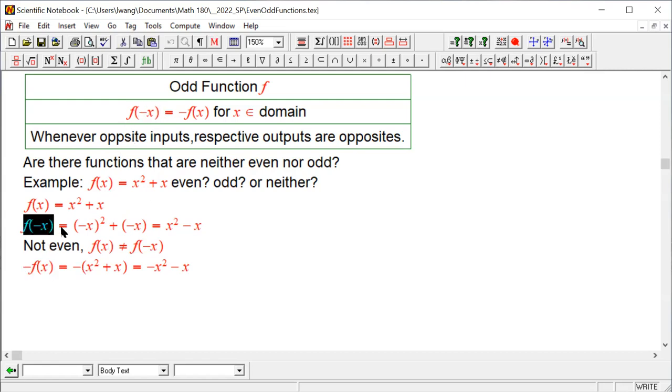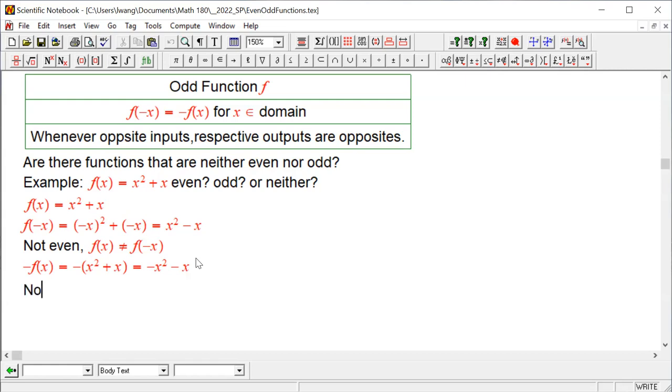f of negative x, which is this guy, and negative f of x, which is this guy. So by definition, we compare these two quantities. Are they the same?